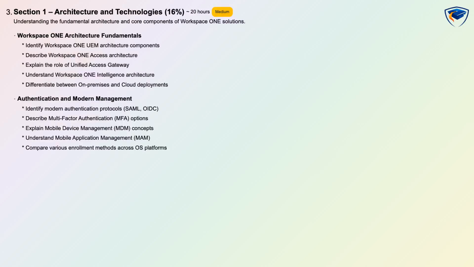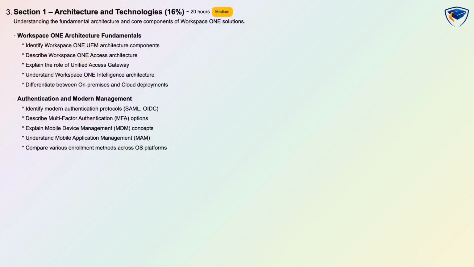Section 1 Architecture and Technologies represents 16%, is medium difficulty, requires about 20 hours of learning, and includes conceptual and scenario-based assessment items. You will study the fundamental architecture and core components of Workspace 1 solutions including UEM, Access, UAG and Workspace 1 Intelligence.